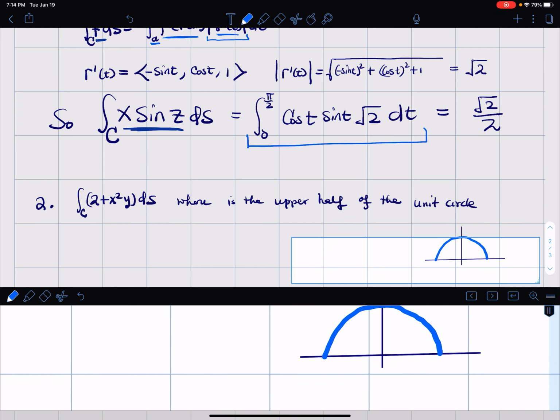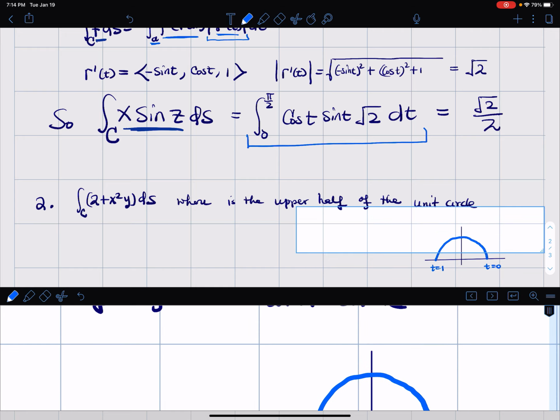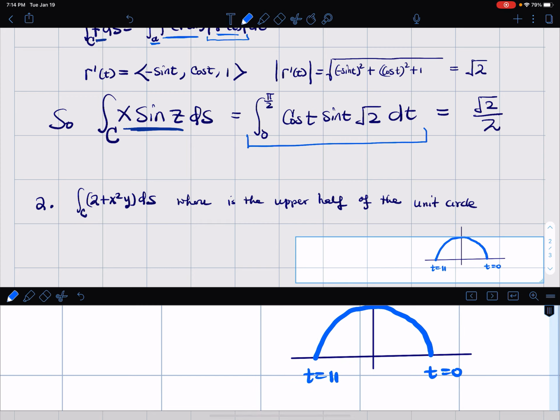So if we parameterize our C, this is t equals 0, and this is t equals 1. Or we can go from t equals 0 to t equals pi. That's better.